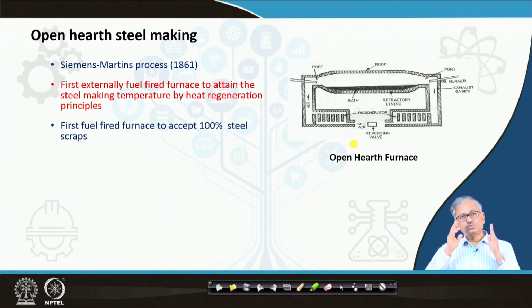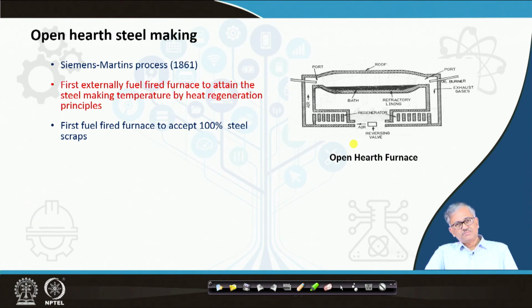Benjamin Huntsman basically burned the chemical fuel but with cold air. Now what they are doing is burning the same chemical fuel but with preheated air. That is the difference. As a result, you can increase the furnace temperature to the steel making temperature.